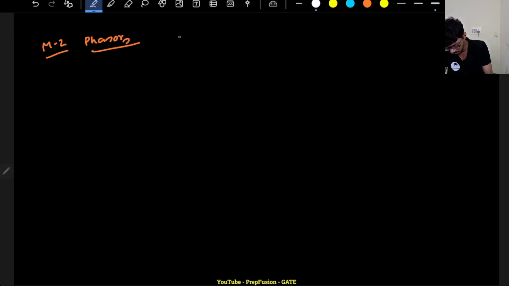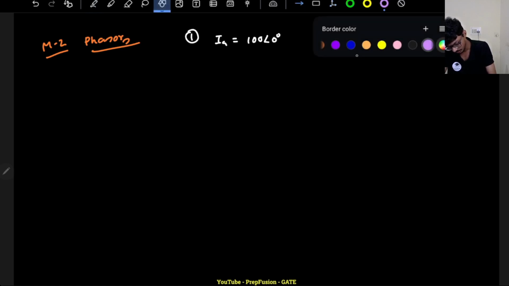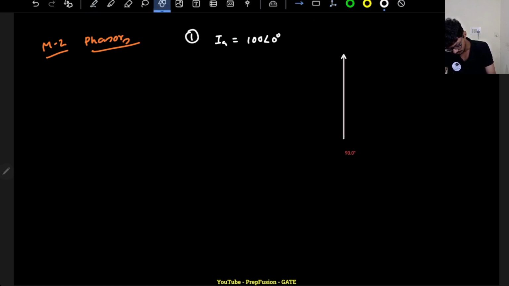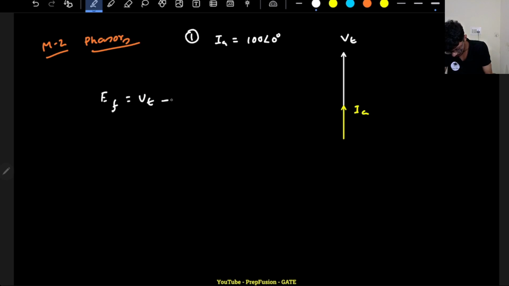So in the first case, I know my current was 100 angle 0. It was unity power factor. So this was my VT over here, and IA current also was in the same direction because it is unity power factor. This is IA, and EF will be basically VT minus J IA XS.